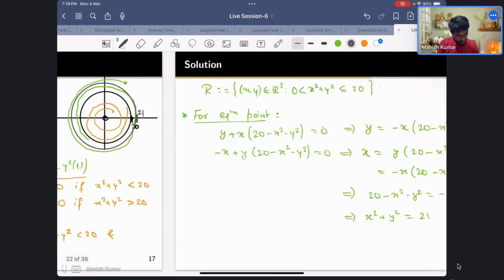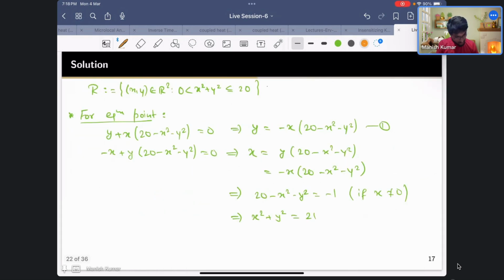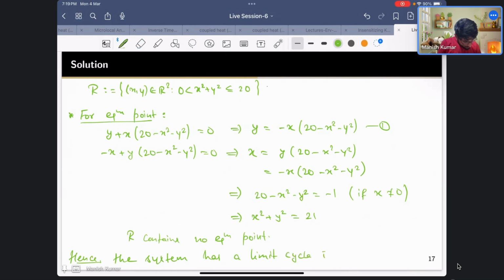So the conclusion would be: R contains no equilibrium point, hence the system has a limit cycle in the region R. And this follows from the Poincare-Bendixson theorem.